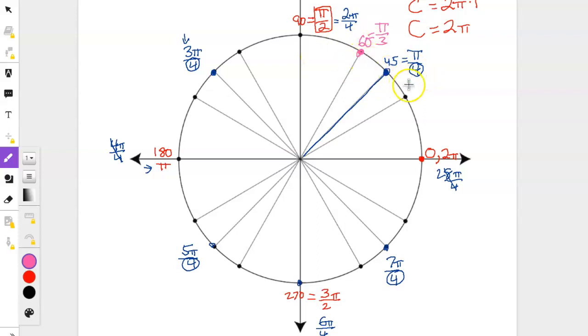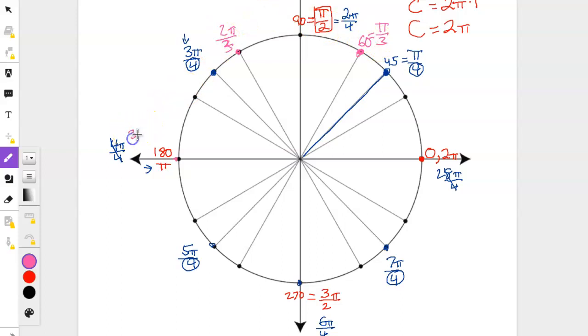And I can do the same method and just count increments of 60 this time instead of 45. So 60 would be 1 pi over 3. The next increment of 60 will be right here, which will be 2 of the pi over 3's, right? That's 120 degrees. The next increment of 60 is actually 180. And you'll see once again, I got 1 pi over 3, 2 pi over 3.